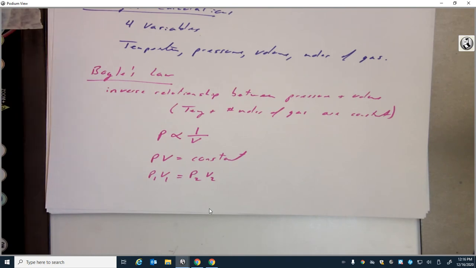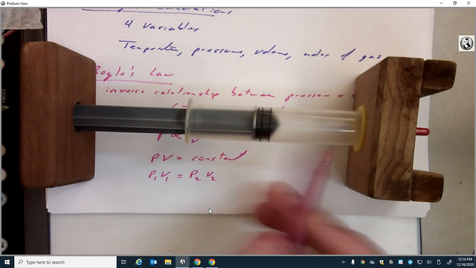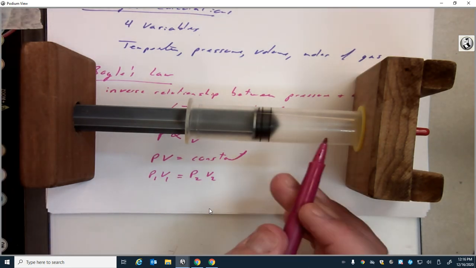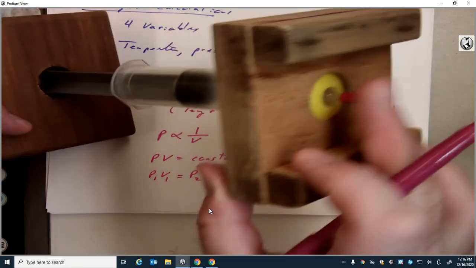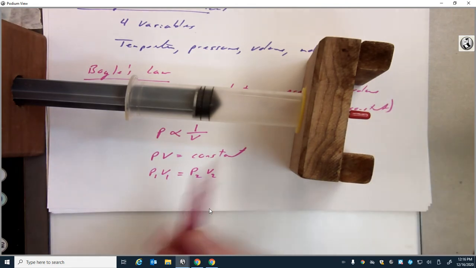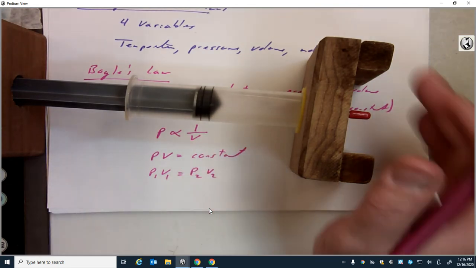Now, what does Boyle's law really say? So let's look at this guy. Inside my syringe, I have a set number of gas particles. This syringe is sealed, so nothing can come out, and I'm not going to change the temperature.